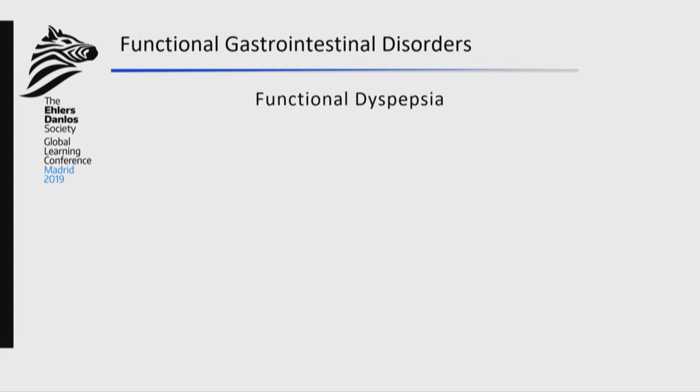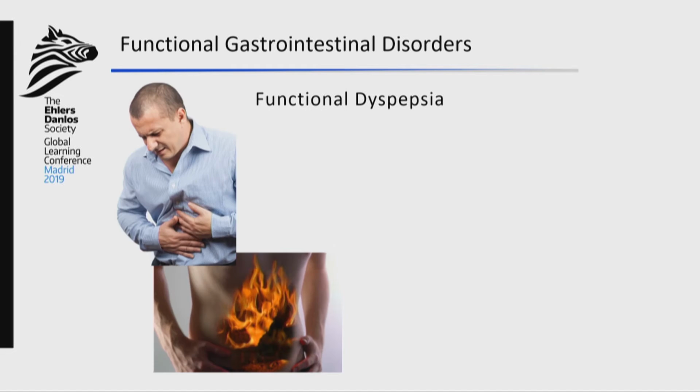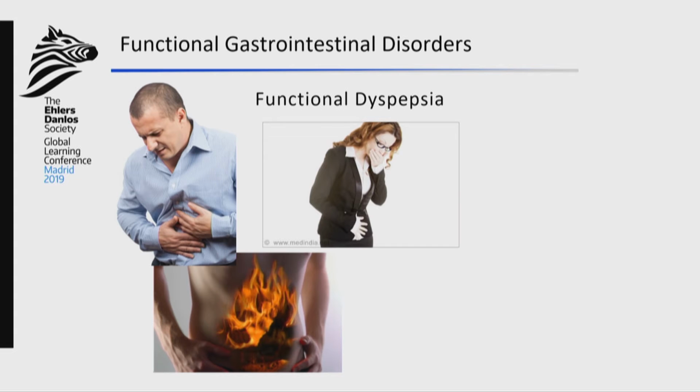We've talked about the fact that disorders such as dyspepsia or indigestion are often described as functional gastrointestinal disorders, because in the past a cause for these conditions has largely not been known. So we see patients with a lot of burning discomfort in the upper part of the tummy, or pain when they eat in the upper part of the tummy, or bloating or distension, and this is what is described as functional dyspepsia.